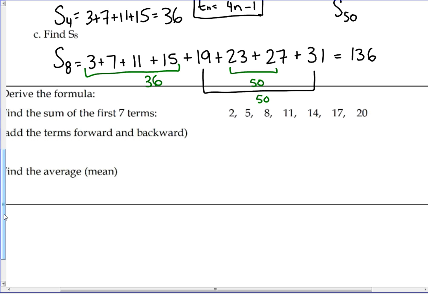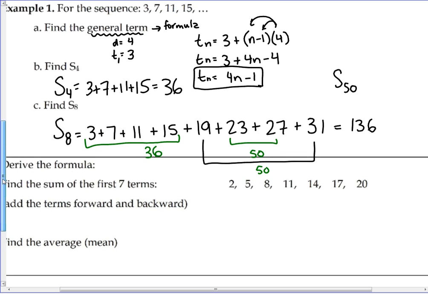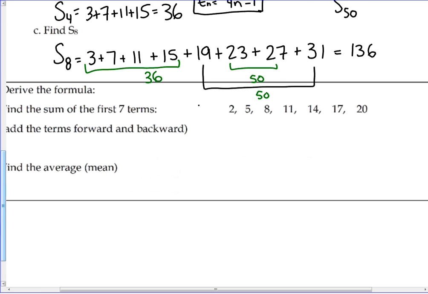So is this the same sequence? No, a different one. So a different sequence, and I want to find the sum of the first 7 terms. So my first mistake here is I should have plus symbols, not commas, because I want to find the sum of the first 7 terms. So I'm going to do something.